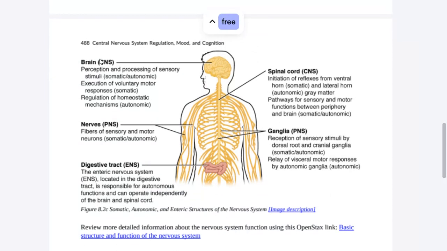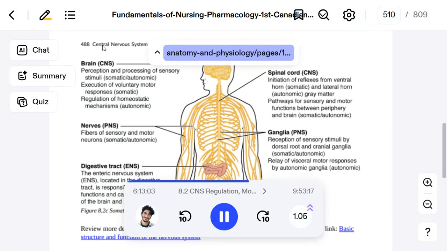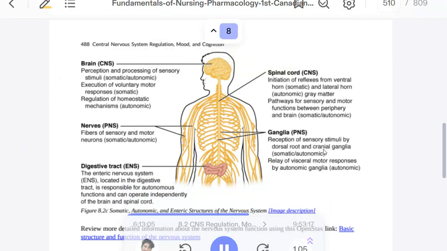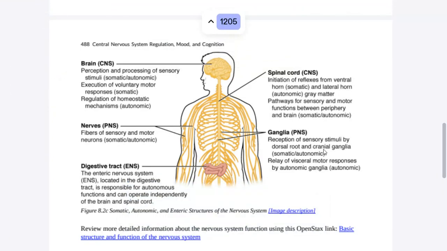Access for free at Anatomy and Physiology, Basic Structure and Function of the Nervous System. 1205 Somatic Autonomic Enteric Structures.jpg by OpenStax is licensed under CC BY 4.0. Figure 8.2 C. See somatic, autonomic, and enteric structures of the nervous system.